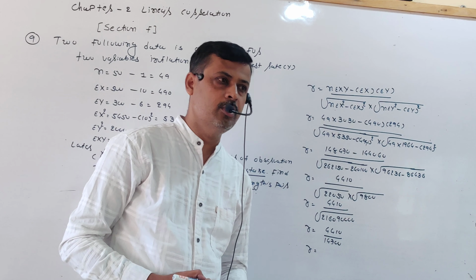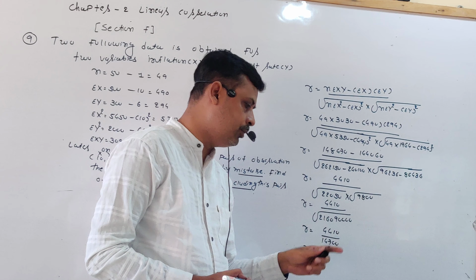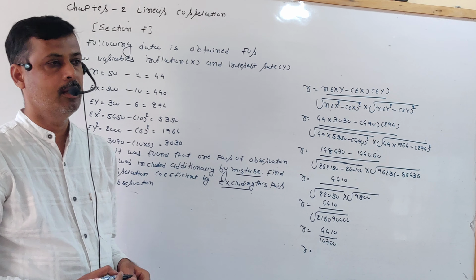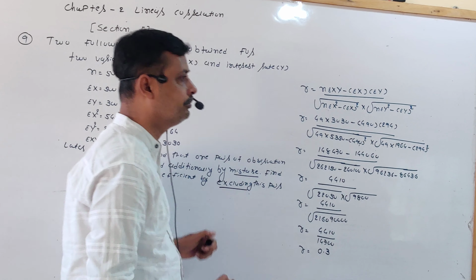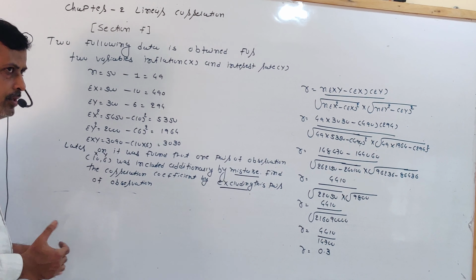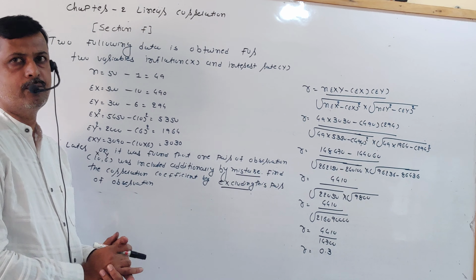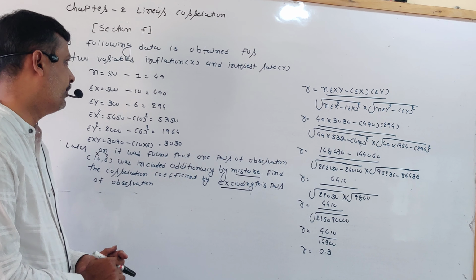So 4,410 upon 14,700 is 0.3. This is a long example and useful for the board examination.